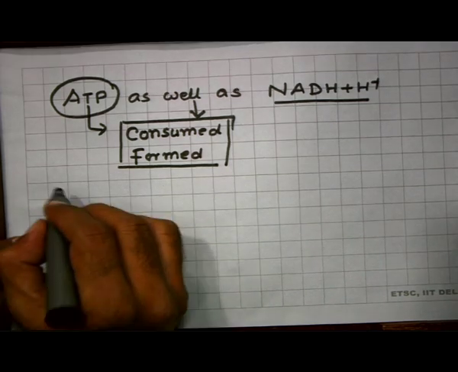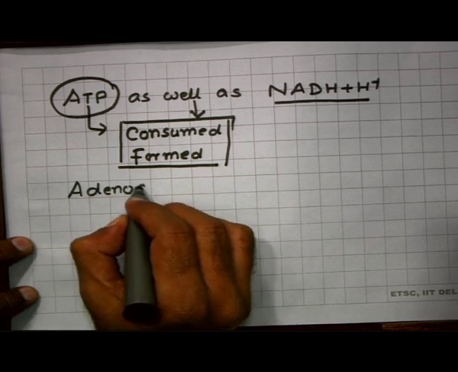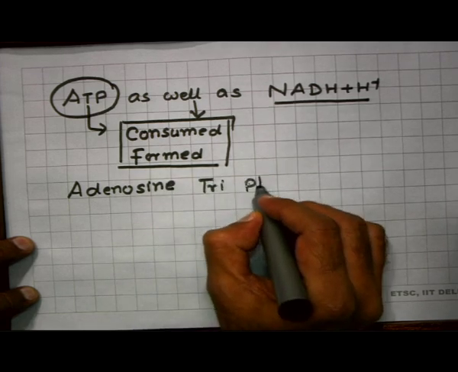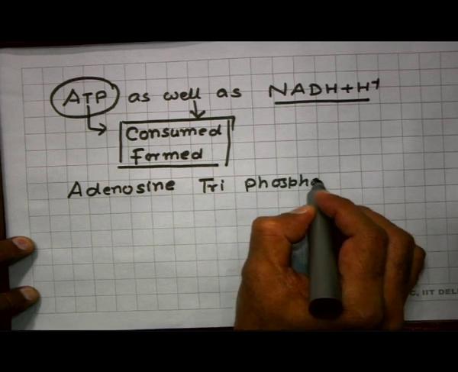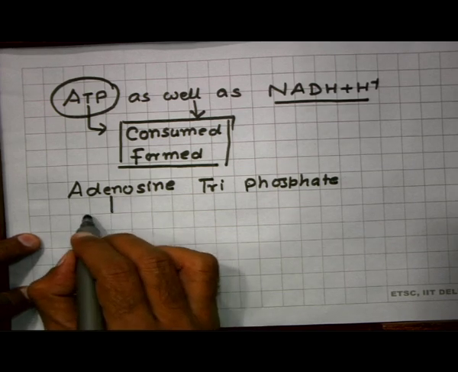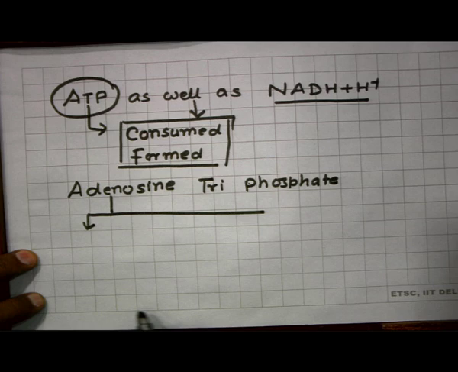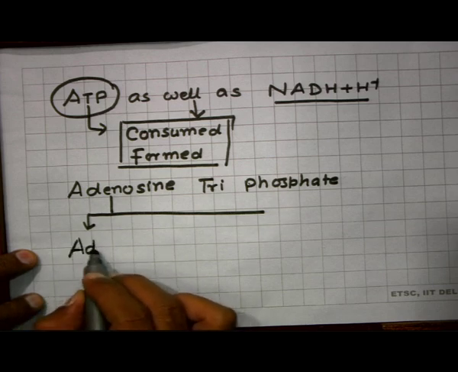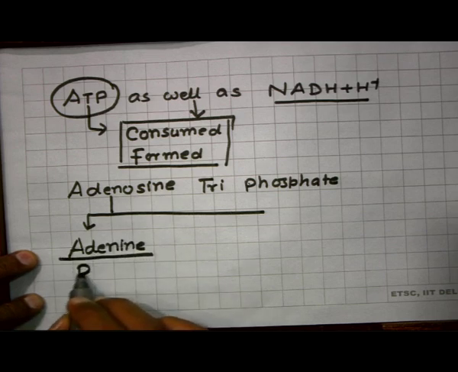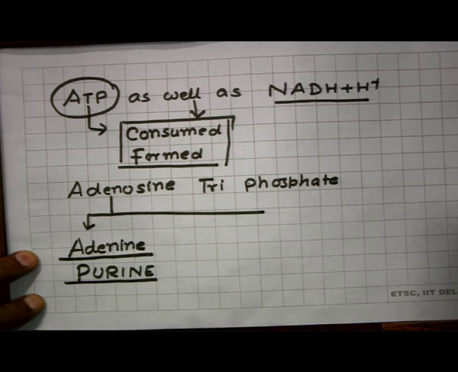The full form of ATP is adenosine triphosphate. Adenosine is made by a nitrogenous base, that is adenine, which is a purine, two ring structure.